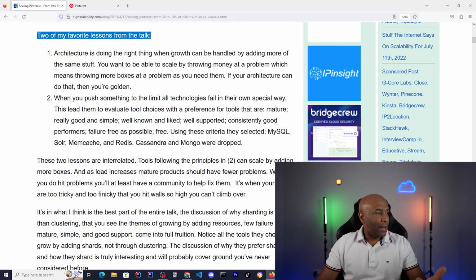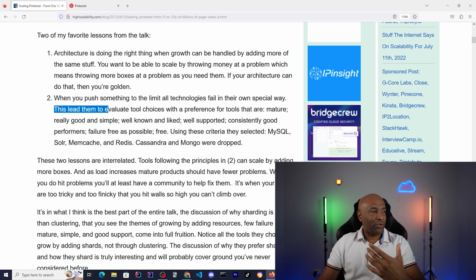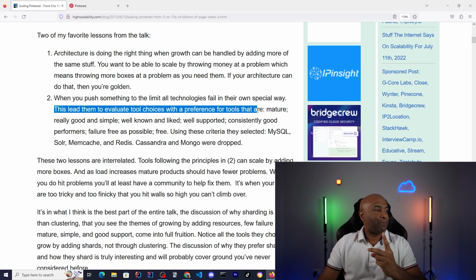So this led them to evaluate tool choices with a preference for tools that are mature, really good and simple, well known and liked, well supported, consistently good performers, as failure free as possible, and free of charge. Using these criteria, they selected MySQL, Solr, Memcached, and Redis.